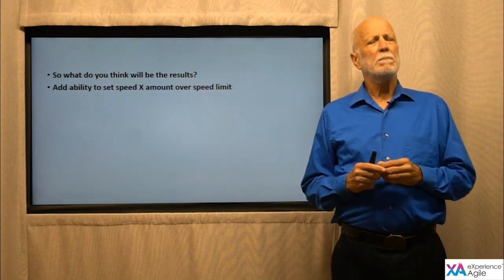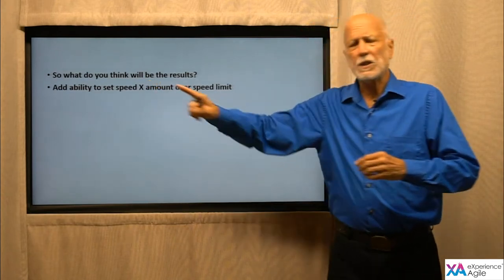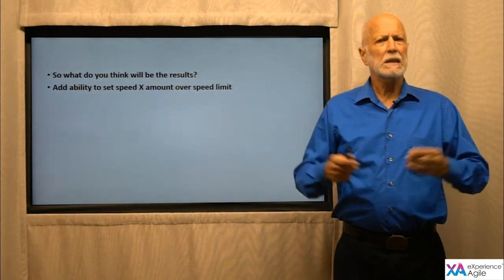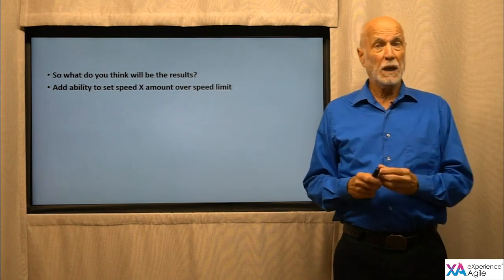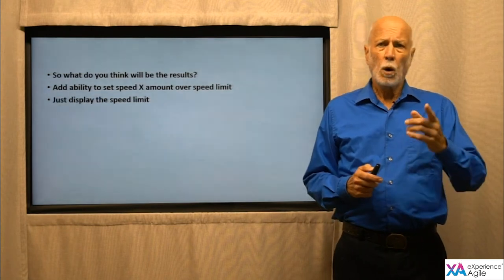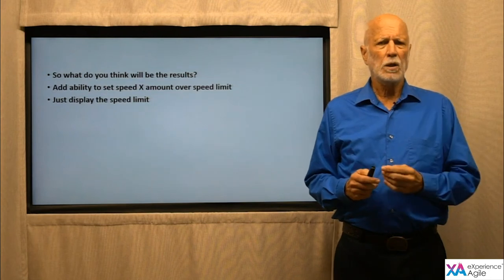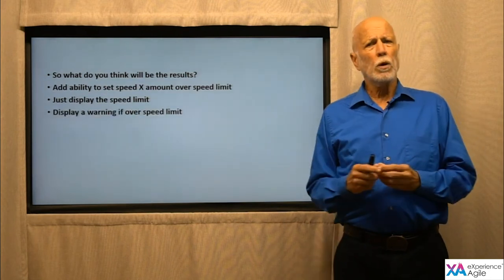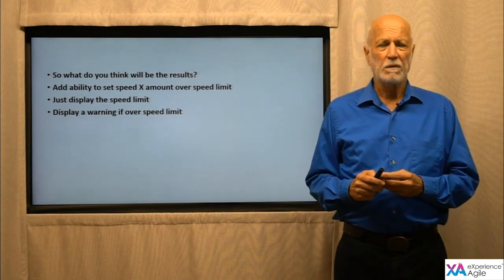So maybe we need to pivot a little bit. Maybe we need to add the ability so that the driver can set the speed some amount over the speed limit. Now, Elon Musk will not be responsible for speeding because it's the driver who did that. Or perhaps we just display the speed limit and let people have a look at it. Or display a warning if over the speed limit. So we could pivot on our MMF.